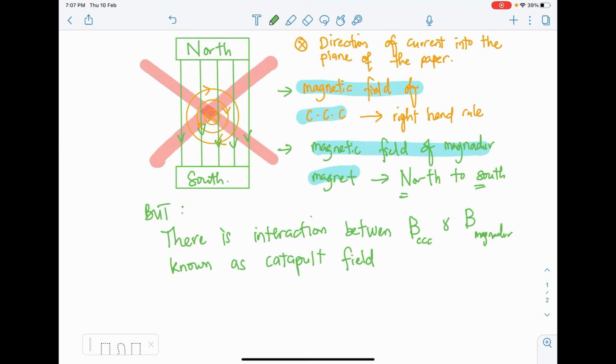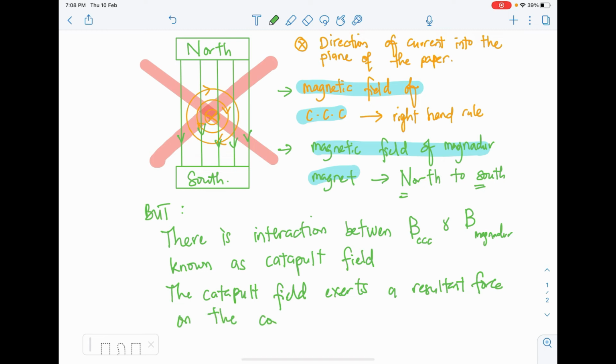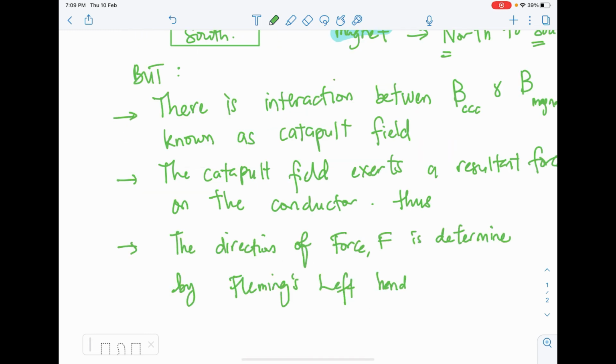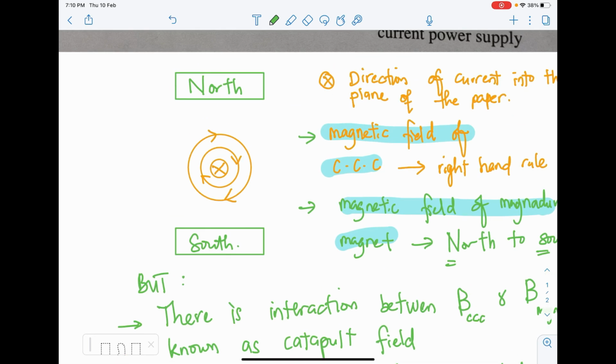The catapult field exerts a resultant force on the conductor, thus the direction of force F can be determined by Fleming's left-hand rule. Therefore, for such a setup as this experiment, the force acting on the conductor is from right to left.